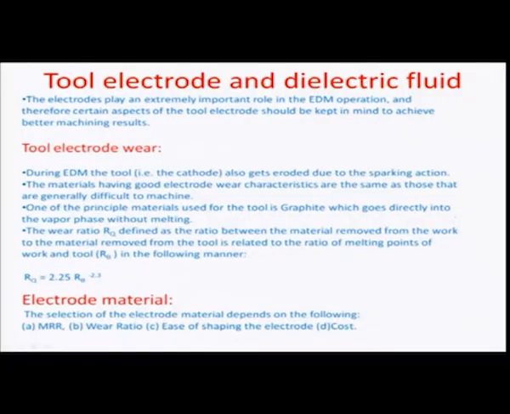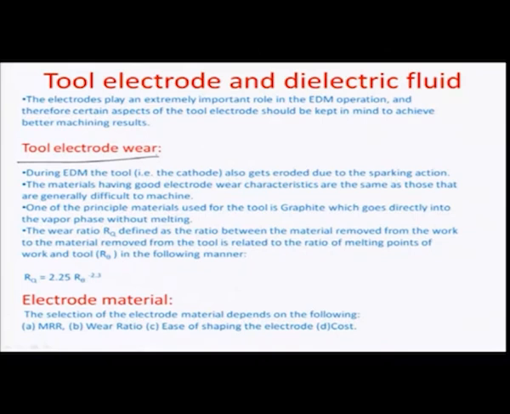Given a particular material combination of the tool and the workpiece, the other thing of significant importance is the tool wear, the tool electrode wear, because of course there is a sparking action going on continuously between the workpiece and tool.